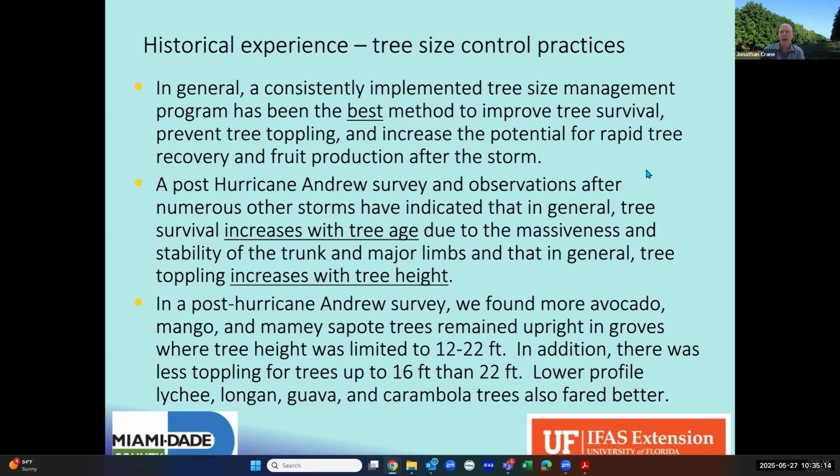Okay, so we found that more avocado, mango, and mamey trees remained upright in groves where people had limited the size of the trees, 12 to 22 feet. And there was also less toppling for trees up to about 16 feet than trees that were 22 feet. So again, the lower profile trees tended to stay where they were. And the same was true with lychee, longan, guava, and carambola trees.